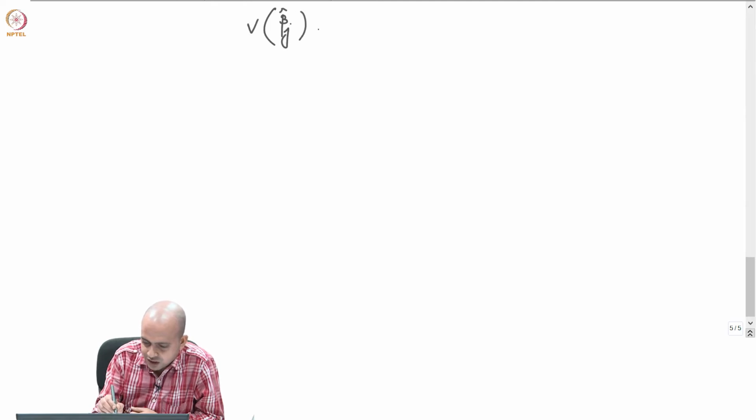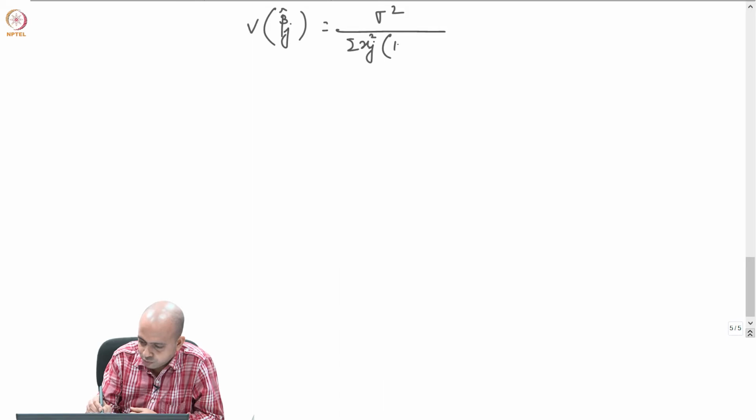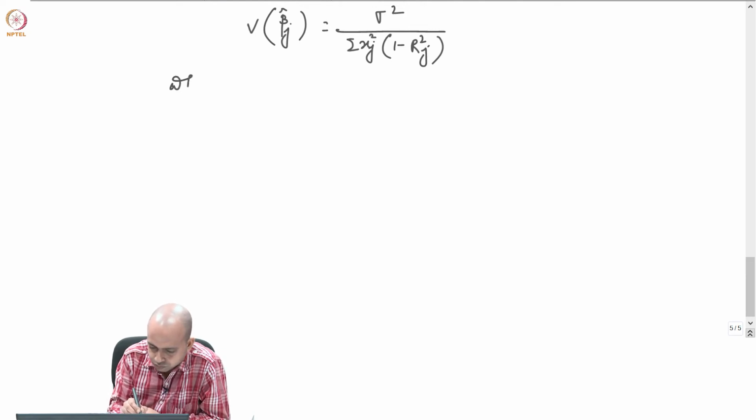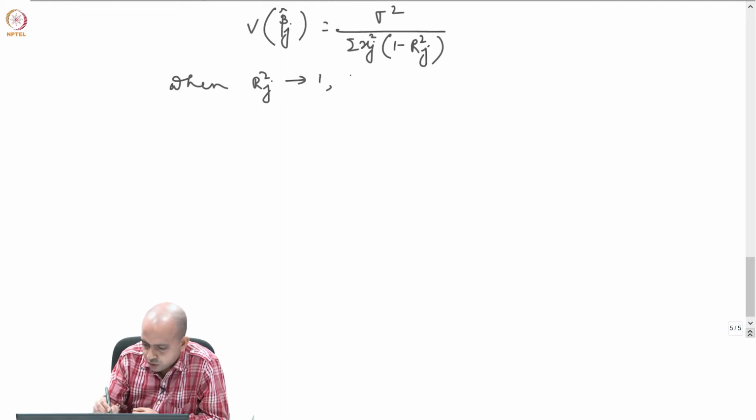So, what will happen? The variance of beta hat j, as I told you, is sigma square divided by summation x j square into 1 minus R square j, and when R square j tends to 1, variance of beta j tends to infinite.